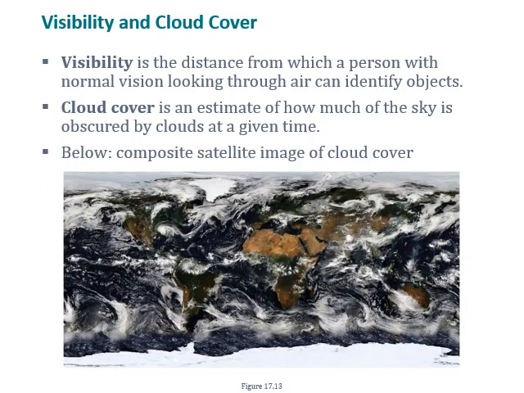Visibility is the distance from which a person with normal vision looking through the air can identify objects. Cloud cover is an estimate of how much the sky is obscured by clouds at any given time. The figure below shows a composite satellite image of global cloud cover.